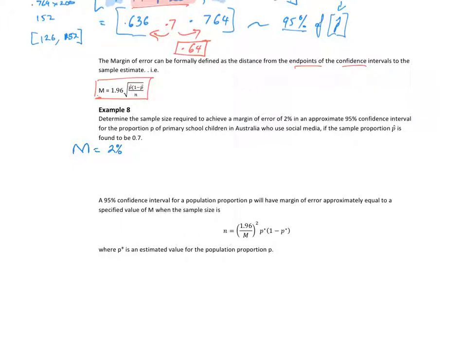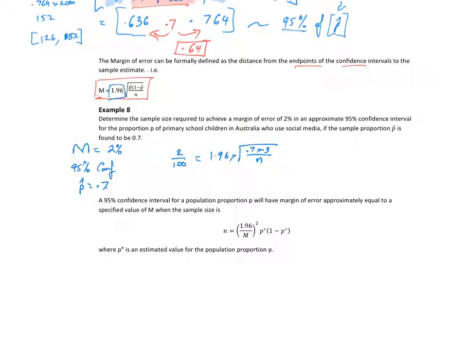I've got a 95% confidence interval, which means it's 1.96 standard deviations, and we know our proportion is 0.7. So that means my margin of error, which is 2 out of 100, has to equal 1.96 times the square root of 0.7 by 0.3 over whatever n happens to be.